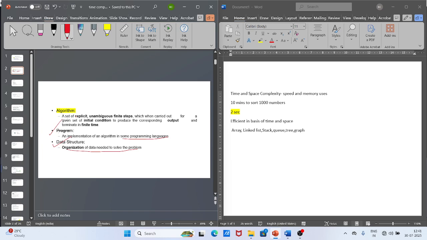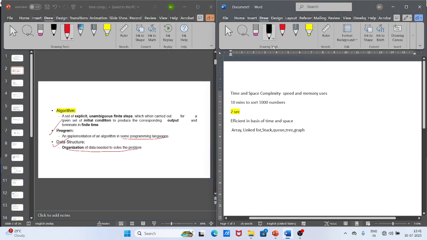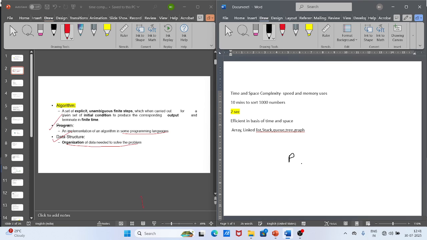For one problem, there are many algorithms present. This is A1, this is A2, this is A3.